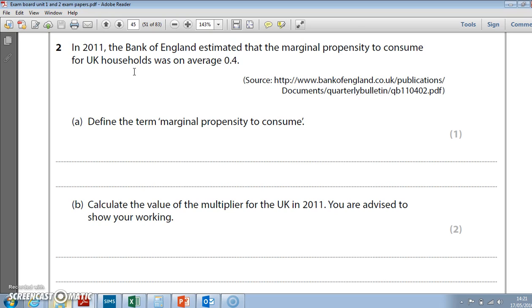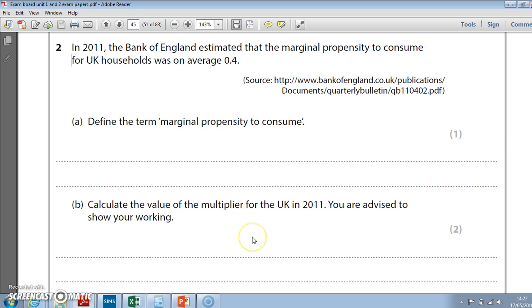The higher the marginal propensity to consume, the more of your income you are likely to spend, and the less you are likely to save. So, in terms of a 1 mark definition, you would say this is the amount of extra income or increased income that consumers will spend if given a pay rise. That would get you the marks.